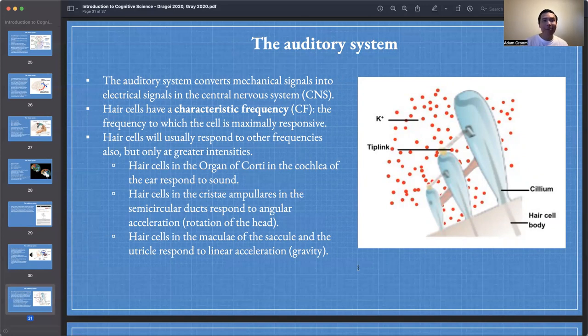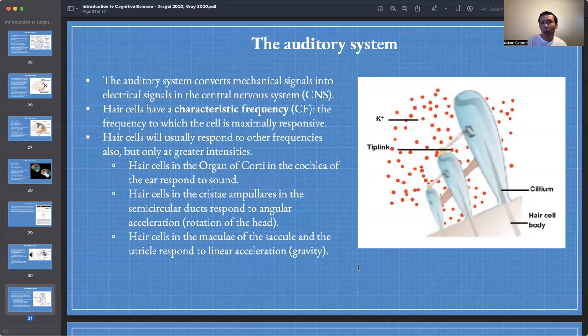These guys, interestingly, have a characteristic frequency, which is the frequency to which the cell is maximally responsive. Notice that the rods and cones were also maximally responsive, or tuned, to certain things. So it's really cool that our perceptual system has components that are tuned in specific ways, and in the case of audition, it's hair cells with their characteristic frequency.